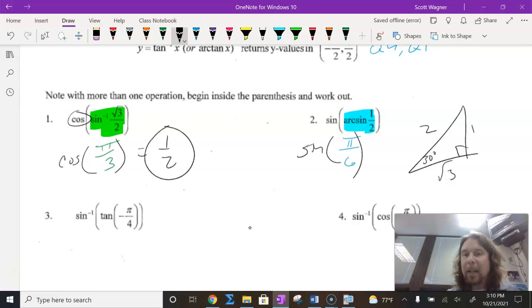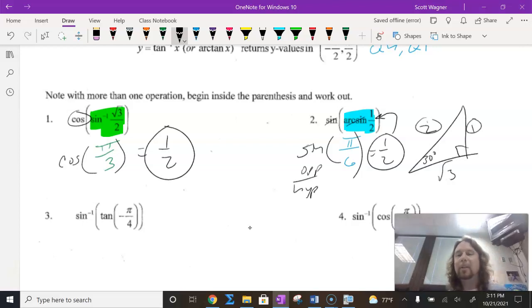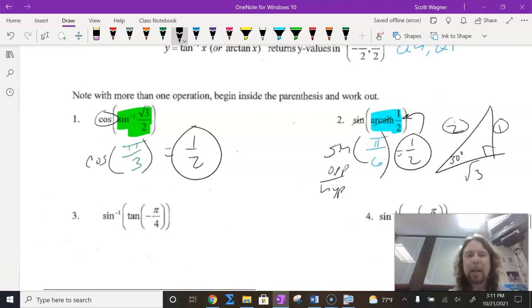The sine is the opposite over the hypotenuse, so opposite is 1, hypotenuse is 2, so that's 1/2. My answer is 1/2. That goes back to the 1/2 right there, because the sine and the arc sine cancel each other out. They're inverse operations, so they undo each other. All right, how about this one?